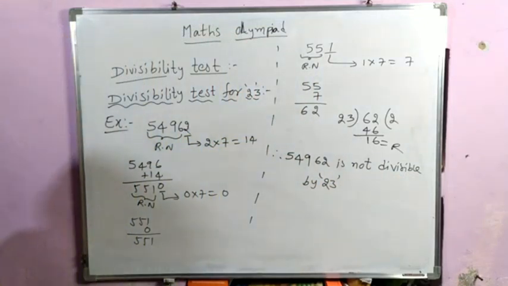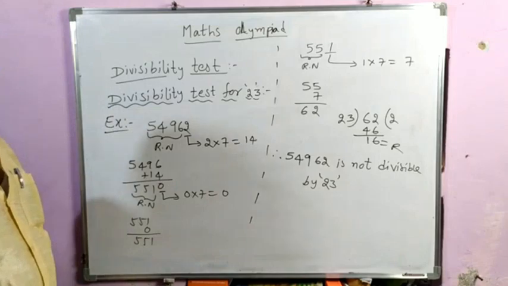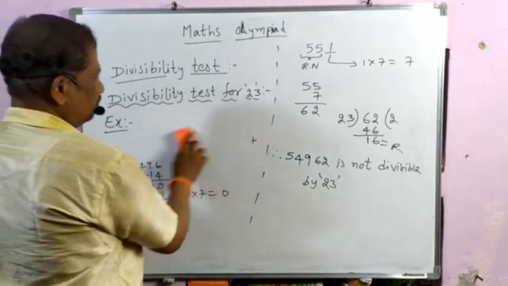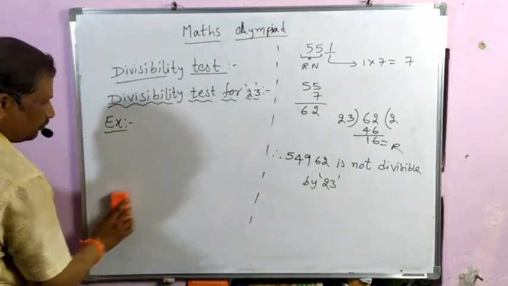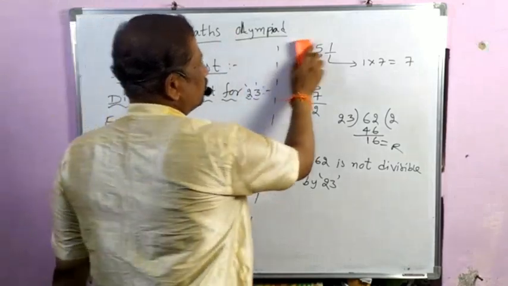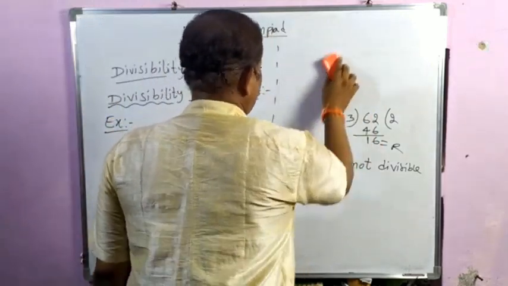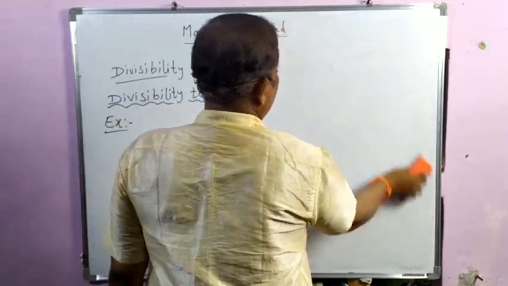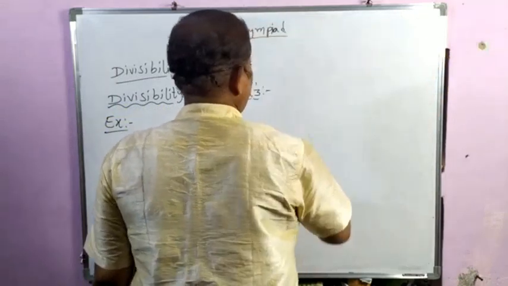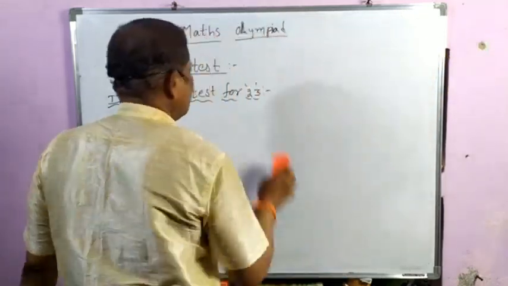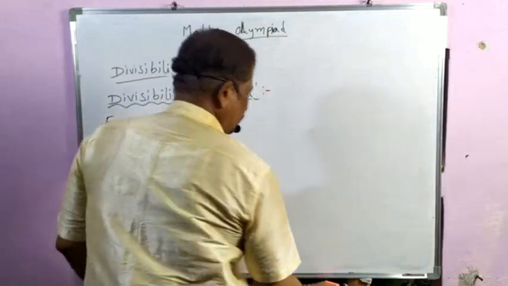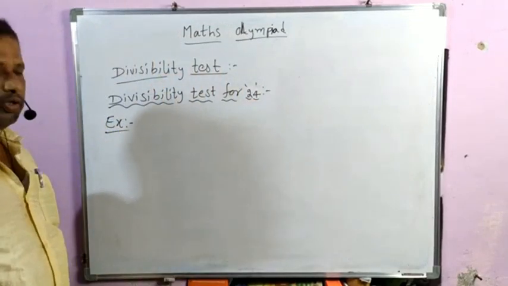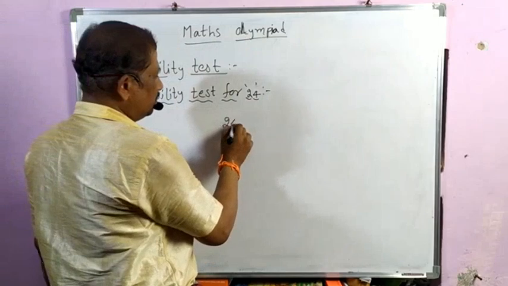Next, divisibility test for 24. So factors of 24 you have to take.